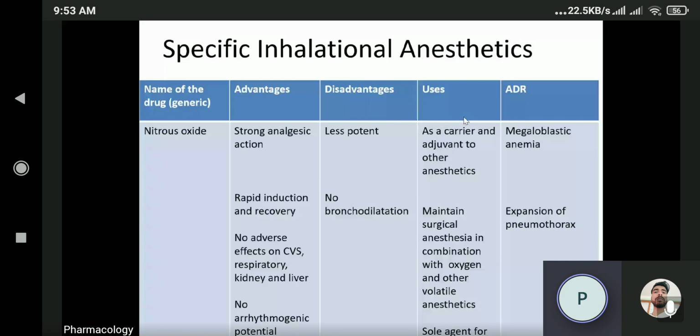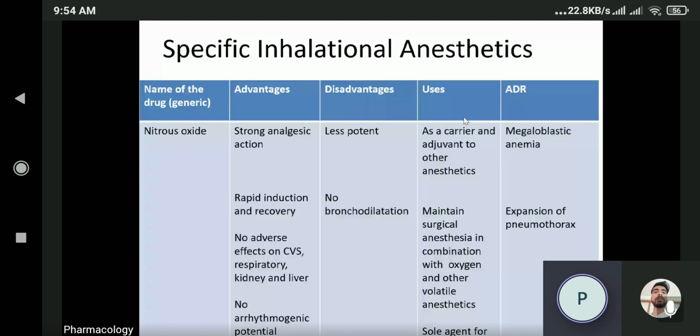They will be tagged along with the other group of drugs which are highly potent in nature, like halothane. So when nitrous oxide goes inside the alveoli, it can carry the other drugs along with it, so that drugs which have the disadvantage of slower onset of action, like halothane, can now act faster when they are combined with nitrous oxide.